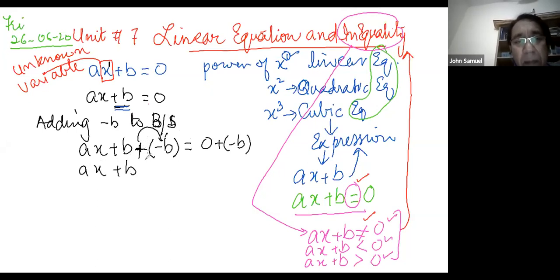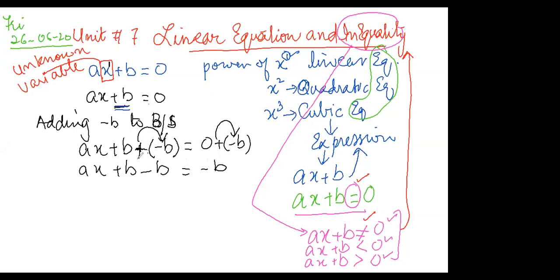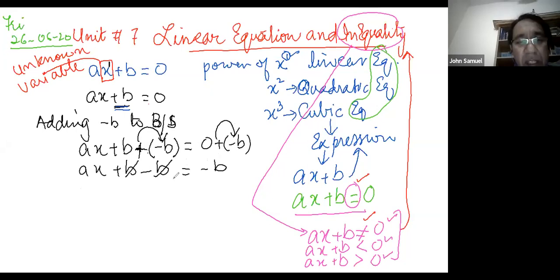Plus and minus will become 0, so we have ax plus 0 is equal to 0 plus minus b, which is minus b. Ax will remain, and then you can write ax is equal to minus b. Now the constant has moved to the other side.